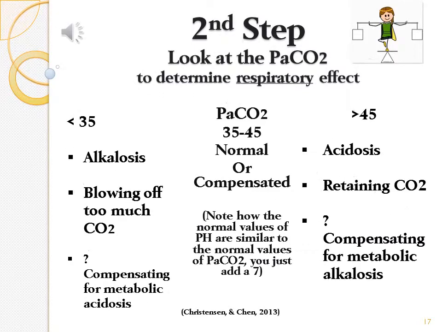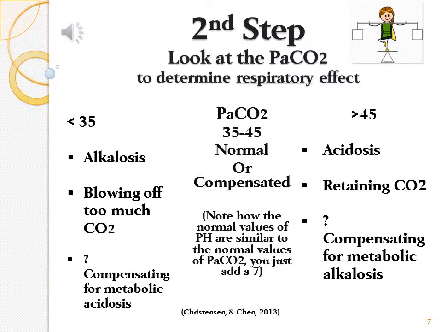The next step would be to look at the PaCO2. This determines if the imbalance is caused by a respiratory effect. The normal PaCO2 is 35 to 45, again very similar to pH, normal.